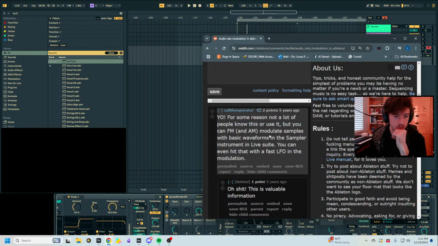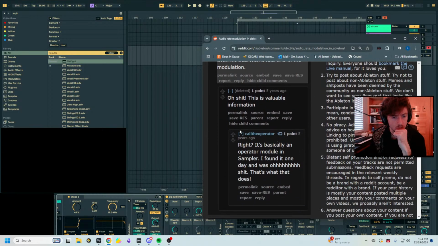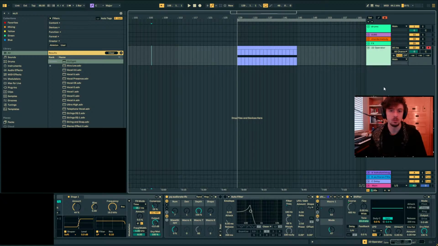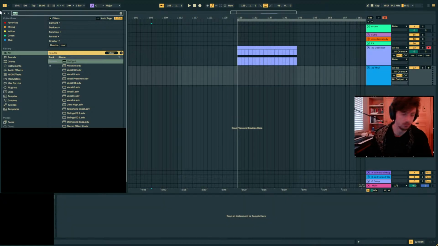You can FM and AM modulate samples with basic waveforms in the sampler instrument. What? An operator module in the sampler. Hold up. Hold on. See what this does.